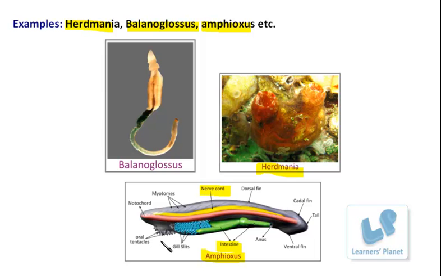Besides this, they have oral tentacles, and the gill slits are also present in the pharyngeal region. These gill slits are definitely required for respiration in these organisms. Besides this, they also have fins like the caudal fin, ventral fin, and dorsal fins, which support the movement of this particular organism.